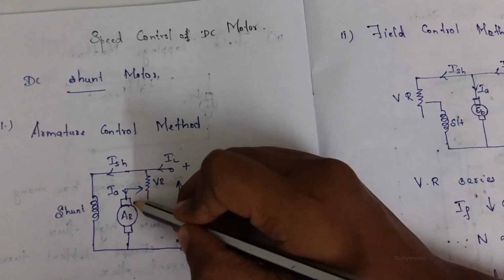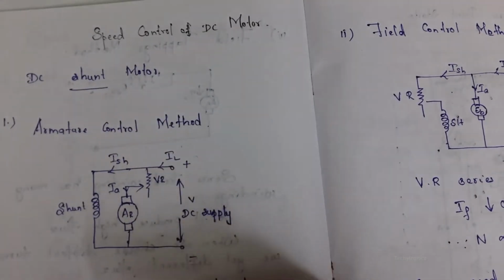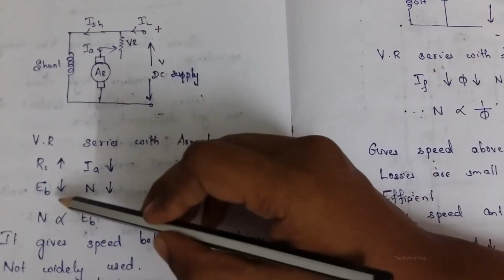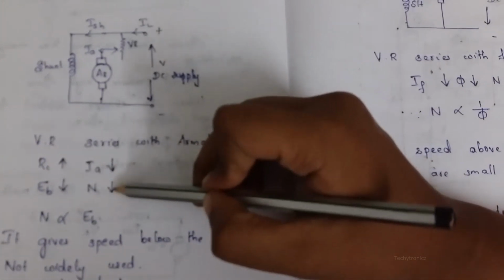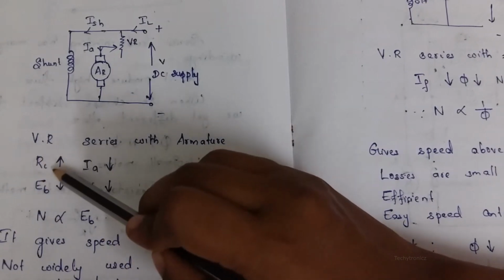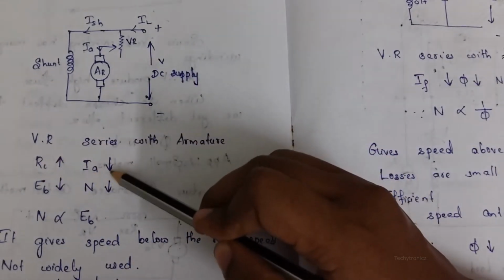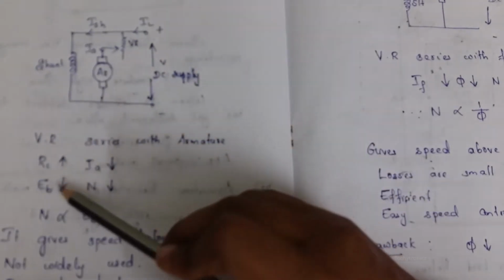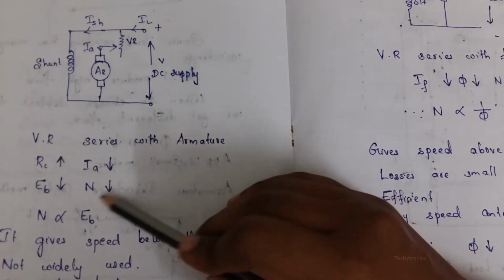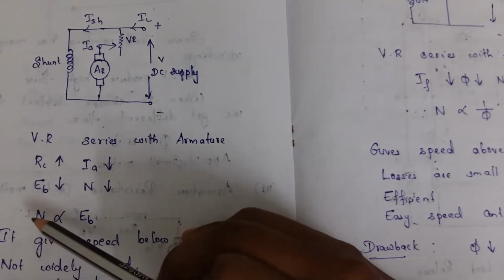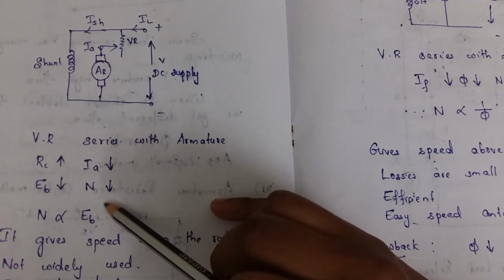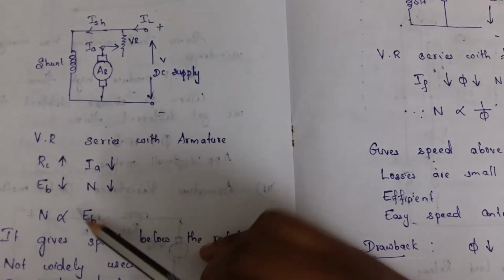When the armature current is decreased, the back EMF produced in the armature is reduced, so the speed is also reduced, because speed is directly proportional to the back EMF. If the back EMF is reduced, speed is also reduced. If the back EMF is increased, speed is also increased.